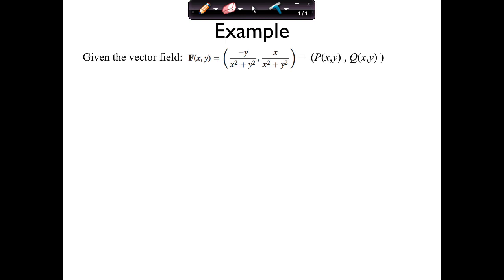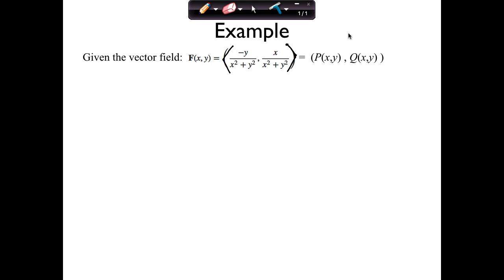Here's a vector field. Okay, so we've got this vector field. Minus y over x squared plus y squared is the x component of our vectors. x over x squared plus y squared is the y component.